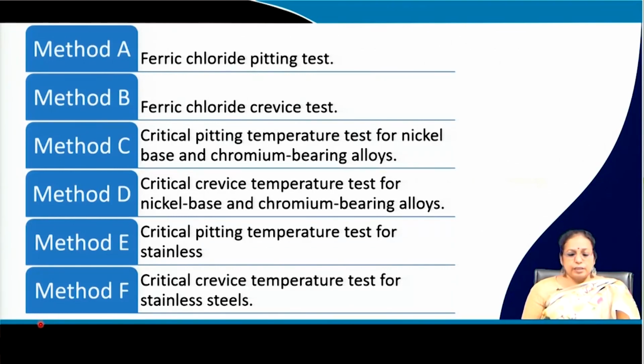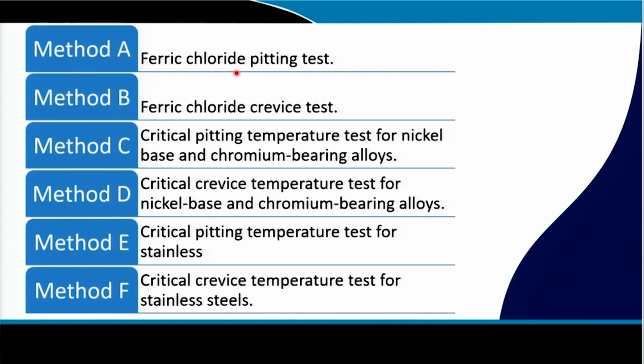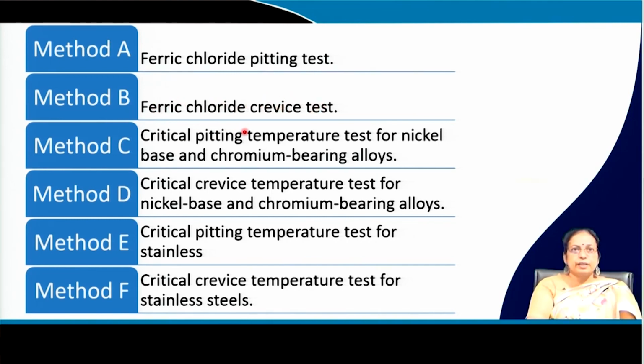So, there are different methods for measuring pitting corrosion: method A, ferric chloride pitting test; method B, ferric chloride crevice test; method C, critical pitting temperature test for nickel based chromium bearing alloy; method D, critical crevice temperature test for nickel based chromium bearing alloy; method E, critical pitting temperature test for stainless steel; and method F, critical crevice temperature test for stainless steels.